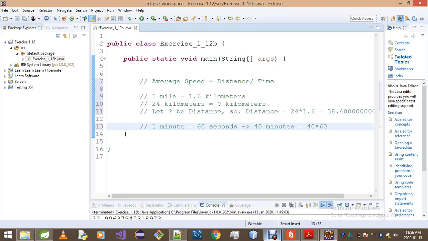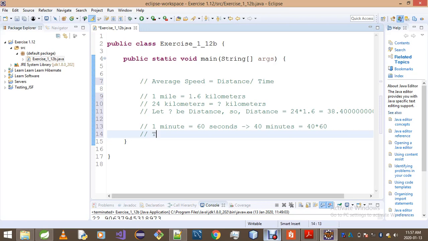This is simple mathematics, you guys. There isn't much to explain. At a glance you can tell, your intuition simply tells you here that 40 minutes is actually equal to 40 multiplied by 60 seconds.